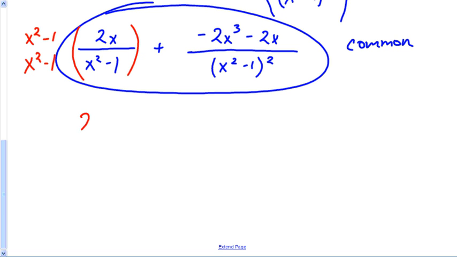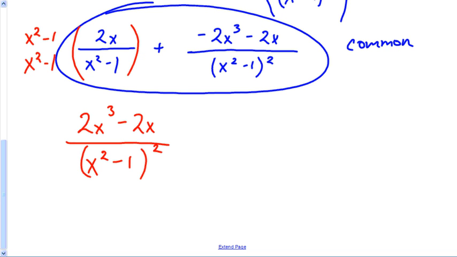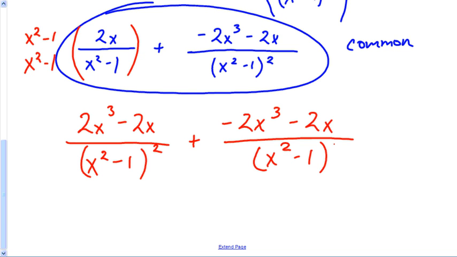So this would be 2x cubed minus 2x over x squared minus 1 squared, plus negative 2x cubed minus 2x over x squared minus 1 squared. And now, holy cow, look at what we get.